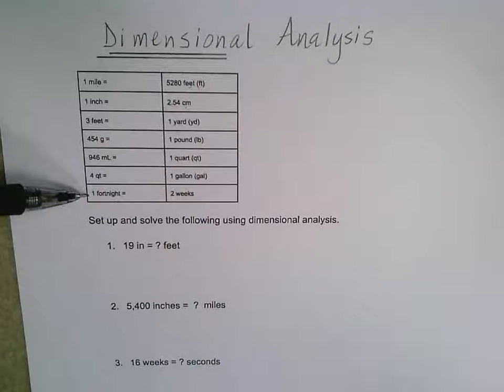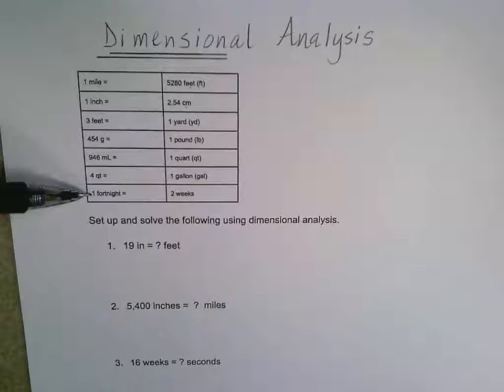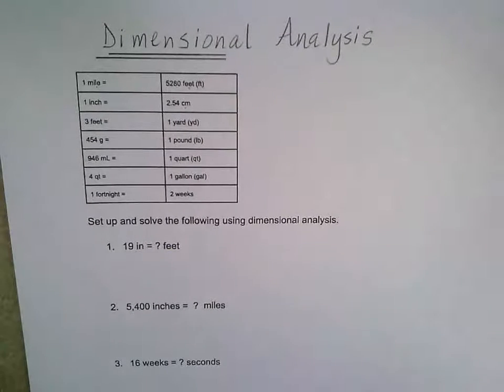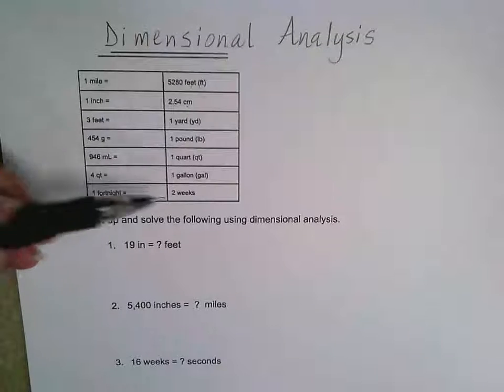And this is kind of old English, you might say. A fortnight, which is not the game that boys like to play, but it's actually a unit of time measurement. So 1 fortnight is equal to 2 weeks.